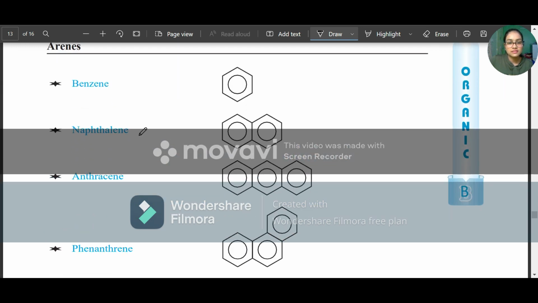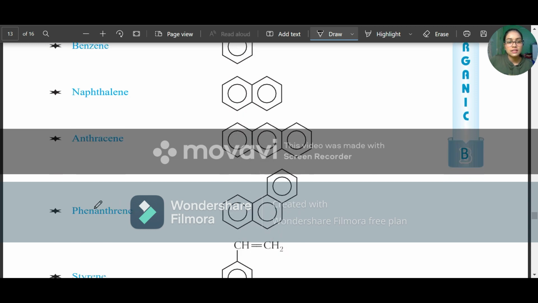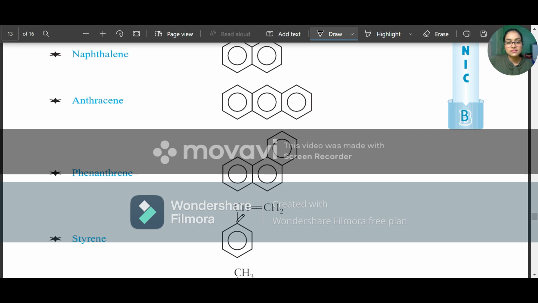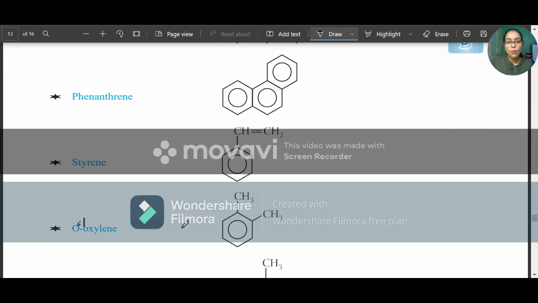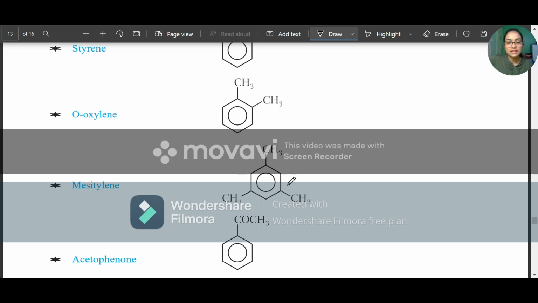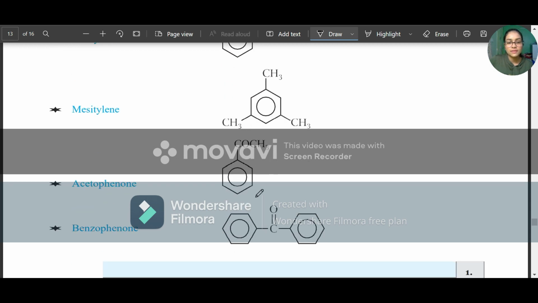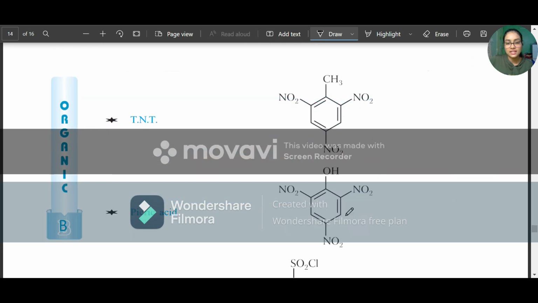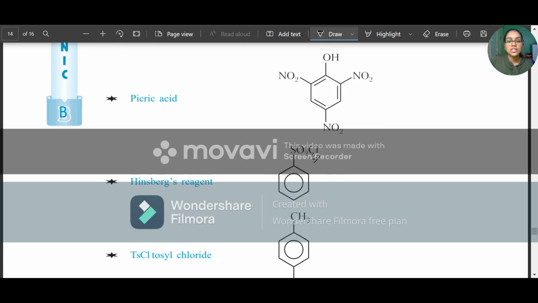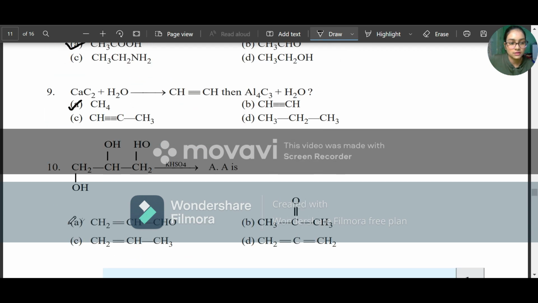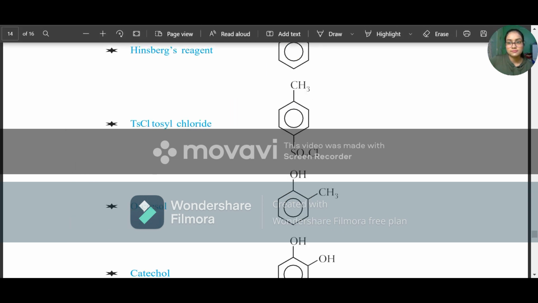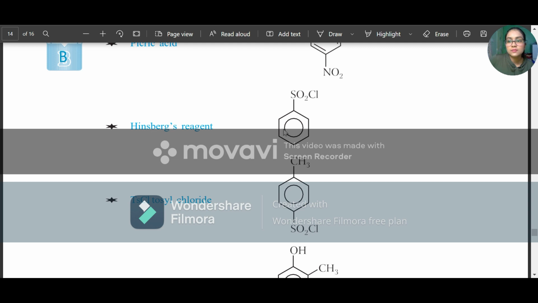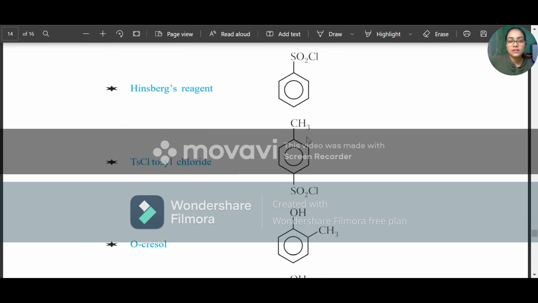Some arenes: this is benzene, this is naphthalene, this is anthracene, this is phenylethene, this is styrene, this is orthoxylene, this is mesitylene, this is acetophenone, benzophenone, this is TNT, this is picric acid, this is the Hinsberg reagent, this is tosyl fluoride.